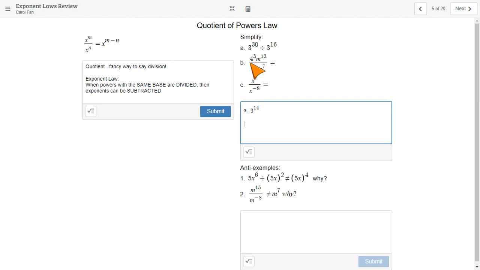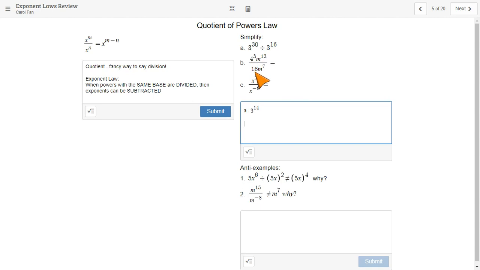Second question here. 4 to the power of 3, m to the power of 13 is all divided by 16 m to the power of 7. Now we notice that there is only m that is the similar base right now.